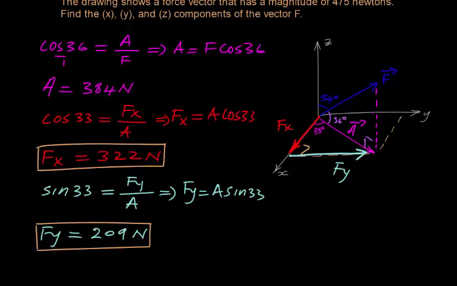The z component, and that's the easier component to solve for really, is the component along this dashed line in magenta. It could also be represented along the z-axis straight up, but I'm going to keep it here so we can easily visualize it. The right angle is right here, made between the z component and the A vector. Notice that the fz component is opposite to the 36 degrees.